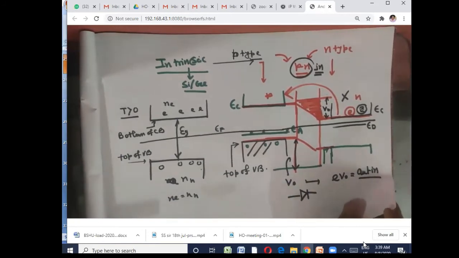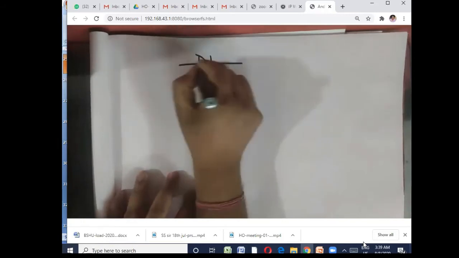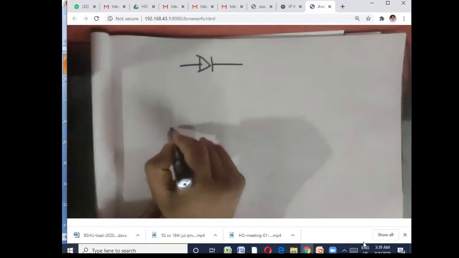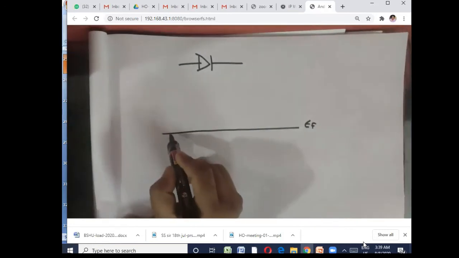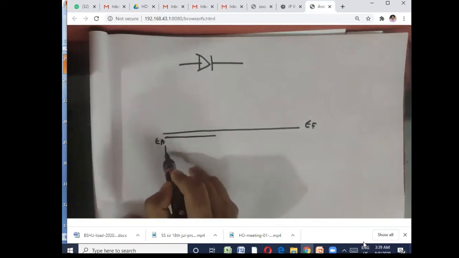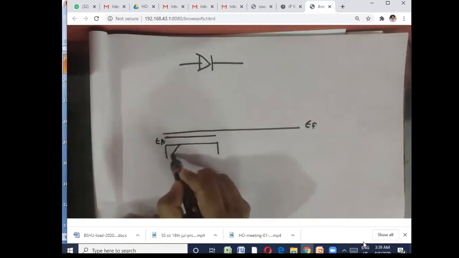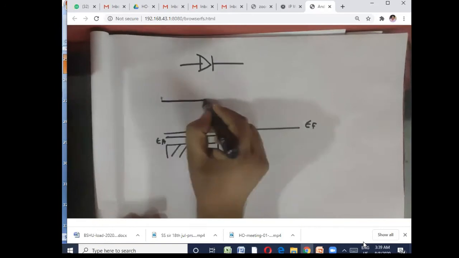So normally, try to realize it in a PN diode. If this is your configuration, the acceptor level, the valence band, and this is the conduction band, the bottom of the conduction band.